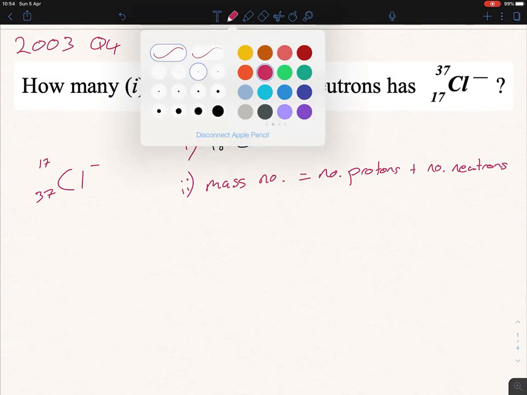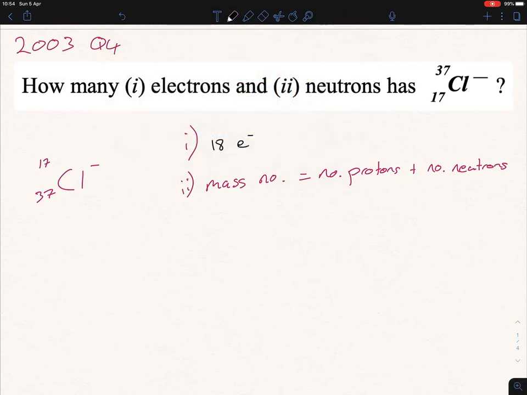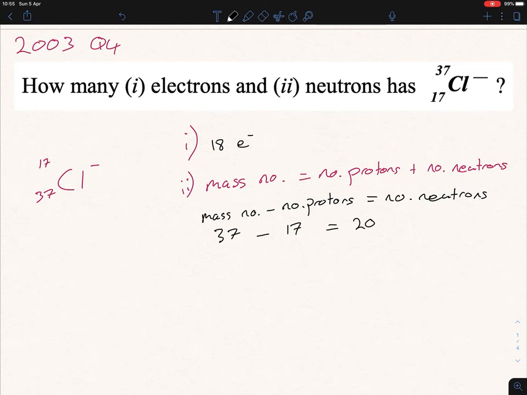If I manipulate that formula, it becomes the mass number minus the number of protons, and that leaves us with the number of neutrons. The mass number is always the bigger number, so that's 37. Our number of protons is 17. So 37 minus 17 equals 20 neutrons.